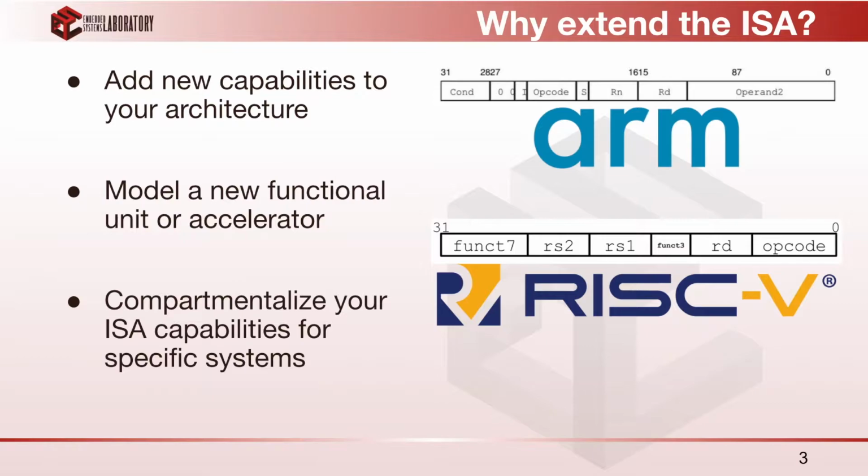It is also important to compartmentalize extensions in RISC ISAs like ARM and RISC-V because small embedded systems trying to meet cost and power constraints may not need advanced capabilities such as vector extensions or even floating point. On the flip side, high-performance systems using these RISC ISAs may require the aforementioned extensions for high-level applications and benchmarks.